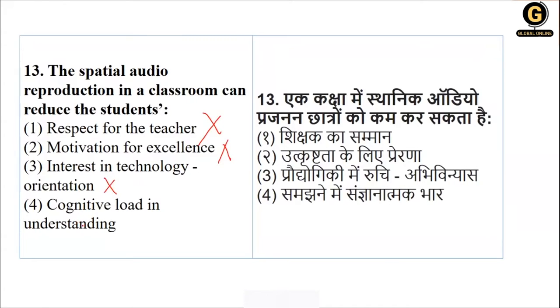No. Cognitive load in understanding. Now see, as I said, the message given to the children is spatial audio, which creates sound in a 360 degree angle, from all the angles, from all the corners. So it becomes easier for a student, for a child, that cognitive load in understanding, meaning the mental capacity for understanding, increases a bit more. So this is the correct answer. That is, option number 4 is the correct answer.